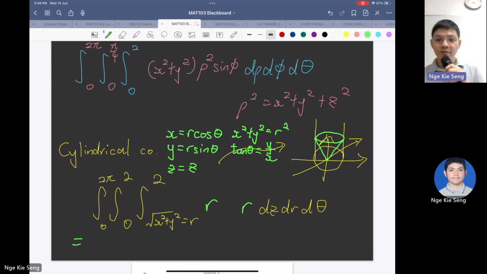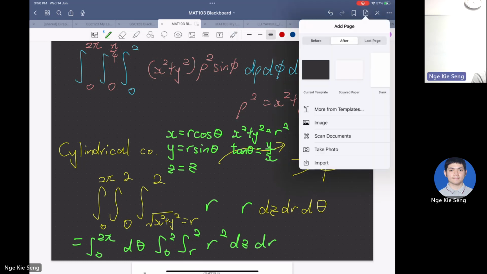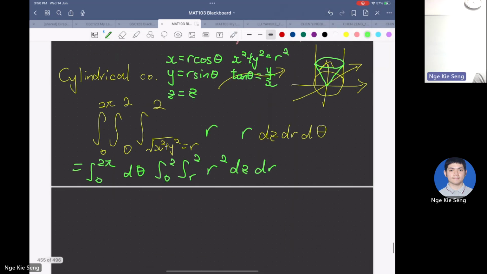There's nothing depending on theta, so we can split the theta off. And then the other two should stick together because z is depending on r. So we got 2 pi.